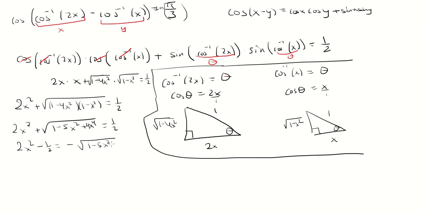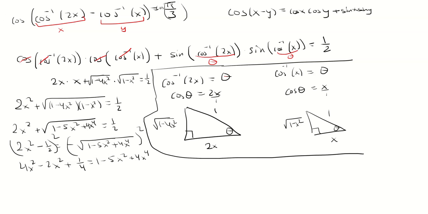And so now, in order to get rid of the square root, I'm going to square both sides. 2x squared minus 1/2, squared, is 4x to the fourth minus 2x squared plus a fourth. And that's equal to 1 minus 5x squared plus 4x to the fourth.